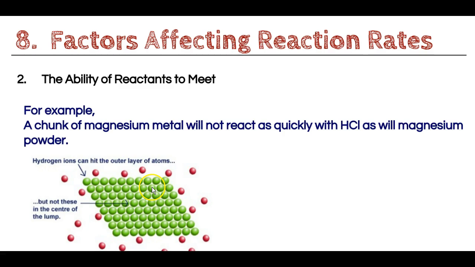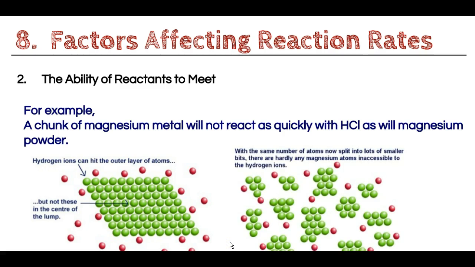Now, of course, in hydrochloric acid, the H+ ions are going to start to float around freely, and they're going to try to attack the magnesium. But in that big chunk, the hydrogen ions can only attack the outer layer of magnesium atoms before they can reach the interior. So this interior part of the magnesium isn't interacting at all with the hydrogen ions, and that's going to slow that reaction down.